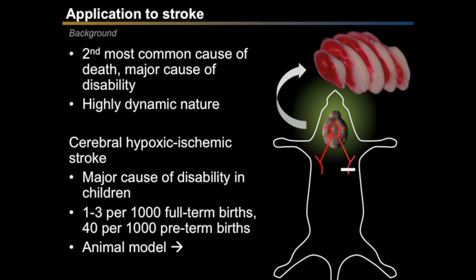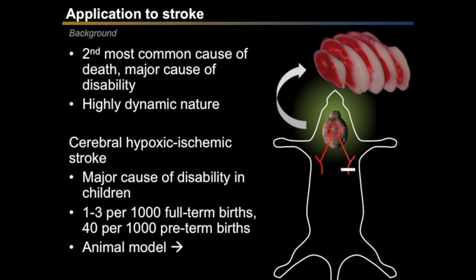One subtype of stroke is known as cerebral hypoxic ischemic stroke, and that's a major cause of disability in children. The incidence is as high as 4% in preterm births, and this can lead to major developmental disorders later in life. And current options for treatment still have room for improvement.